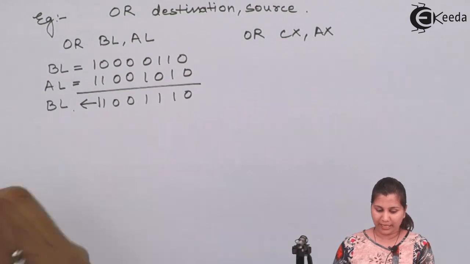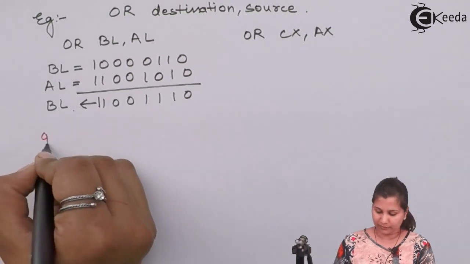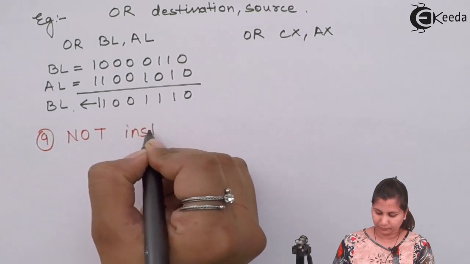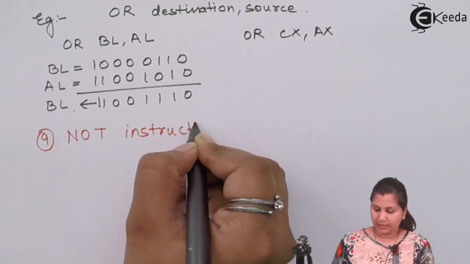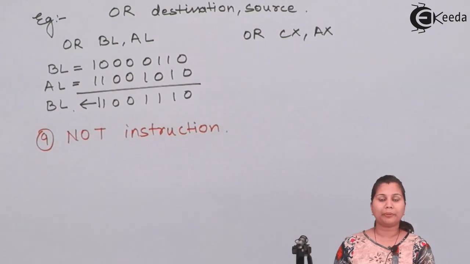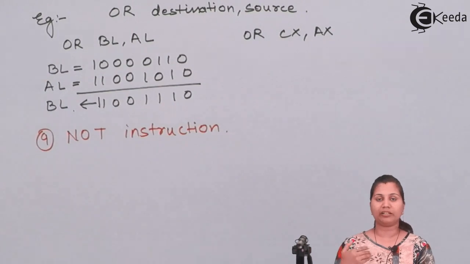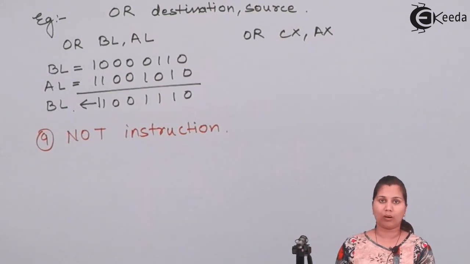Next instruction we have is the NOT instruction. This instruction is going to complement the bits of the register which is specified in the instruction. Complement means that if a bit is 1, then it will be made 0. If it is 0, then it will be made 1.